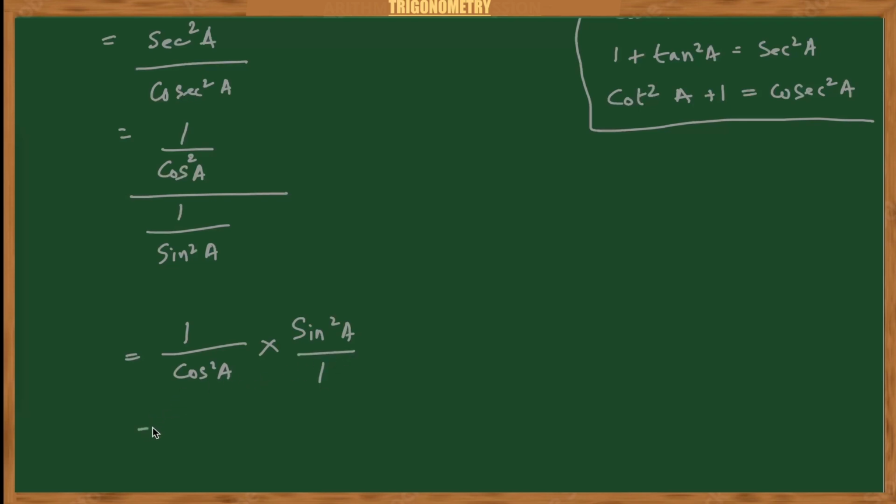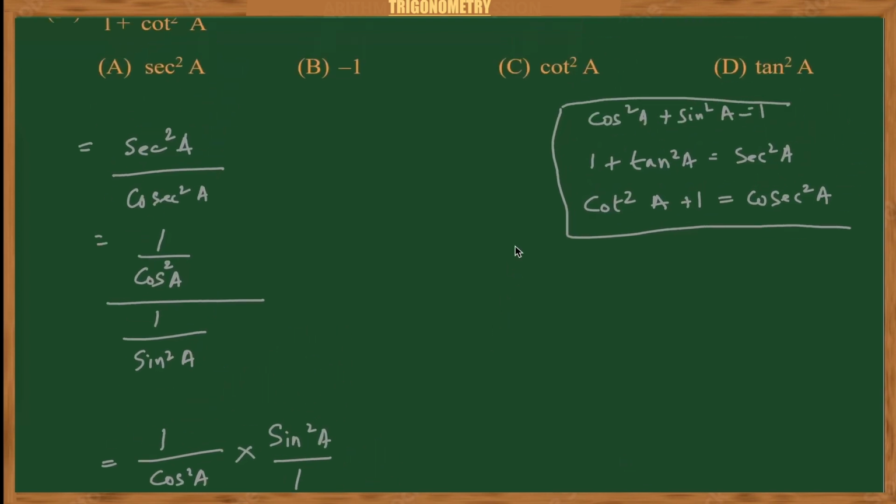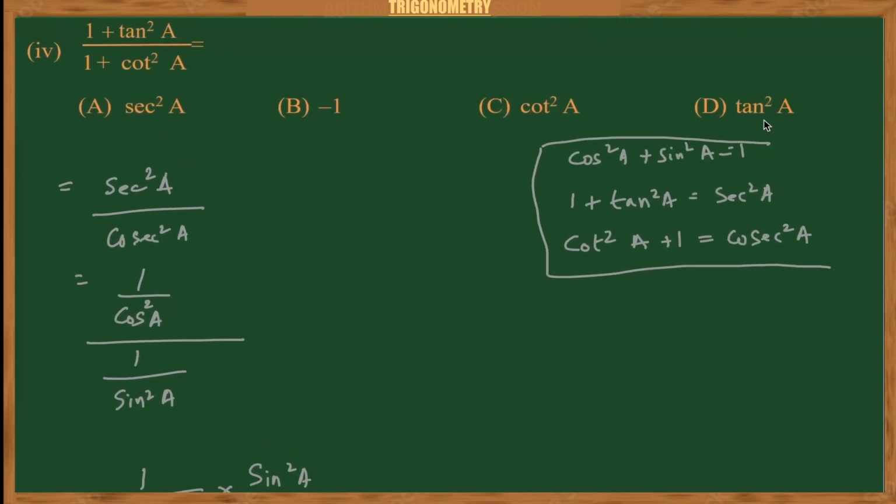So it becomes sine square A, and cos square into 1 becomes cos square A. We know sine by cos is nothing but tan, tan A, and we have a square here, so the answer is tan square A. So let's see whether we have, yeah, we have the answer as tan square A.